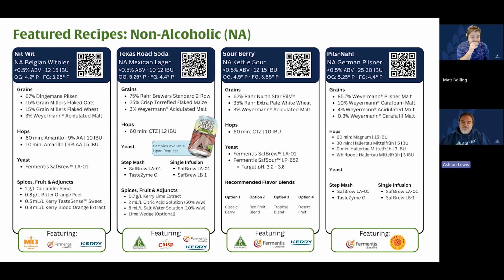But the base beer with the sour berry is kind of an advanced recipe. And the reason it's advanced is that it's a kettle sour, and it's a kettle sour with a purpose. So we start out with a nice blend of malts. We've got our Rahr North Star Pils, our Rahr Extra Pale White Wheat. So we're really shooting for a low color, and then we're using acidulated malt for pH adjustment.